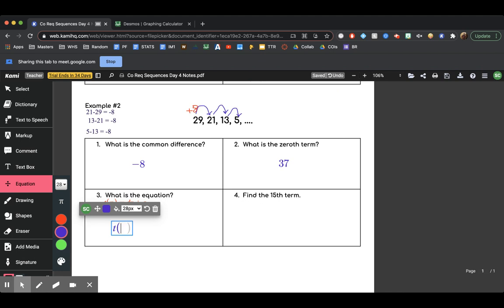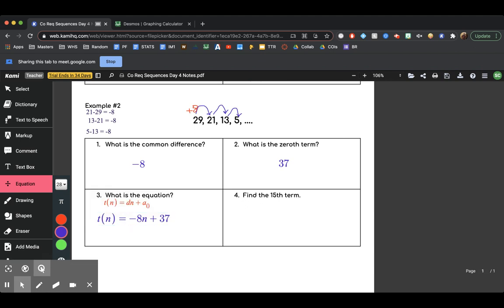T of n stays the same. T of n is equal to D, which is our common difference, and for this problem it happens to be negative 8, times n, which remains the same, plus our 0th term, which is 37. And that is our equation for this sequence.